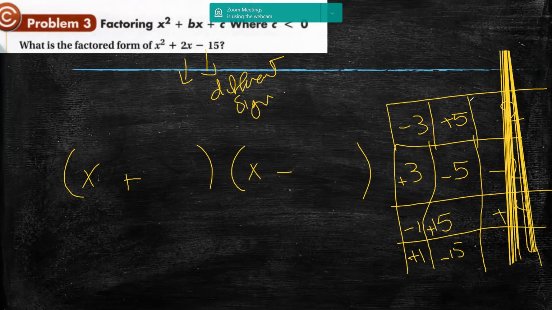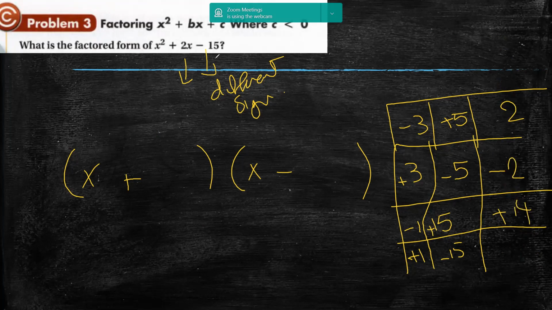Now as you see, the numbers that give a positive 2, these factors are negative 3 and positive 5. The two factors are negative 3 and positive 5. So the factored form is x plus 5 times x minus 3.